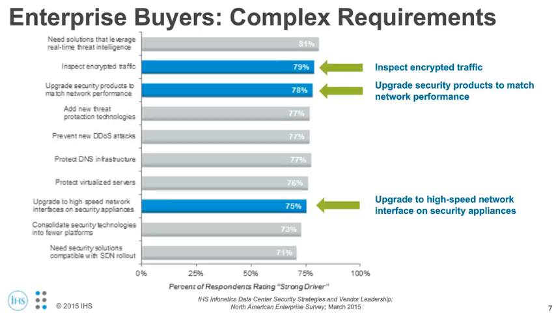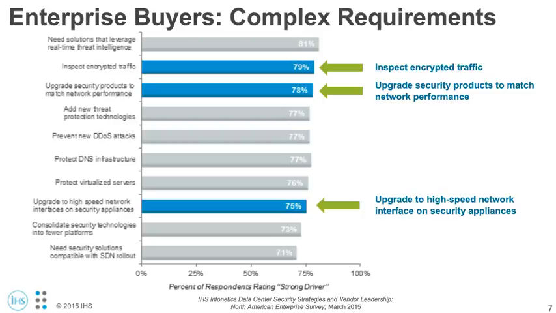Inspecting encrypted traffic, the advent of the encrypted internet in the wake of the Snowden disclosures means that everyone is dealing with a significant volume of encrypted content on their networks and need the network security infrastructure to have the performance required to terminate, inspect encrypted traffic, and then move it along. But certainly upgrading security products to match network performance is a significant driver.